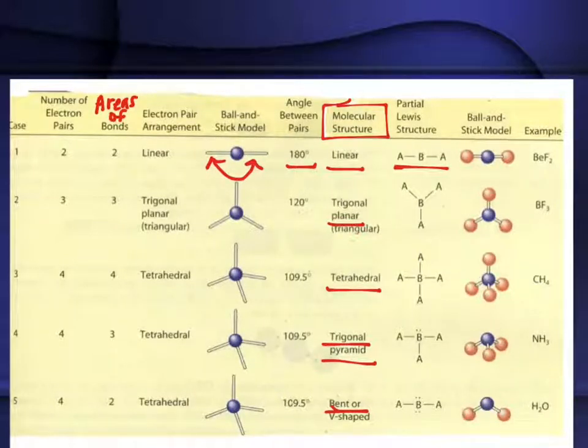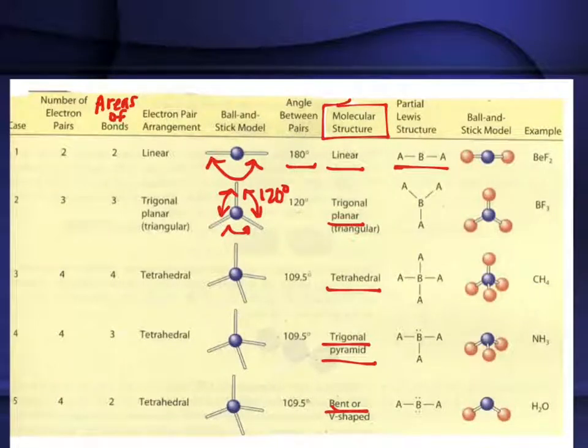If I add another bond, now I have 3 bonds. Now when I add that other bond, my angles get a little bit closer, and now between each angle it is 120 degrees. If I look at the outside of this, it makes a triangle, and it's flat.